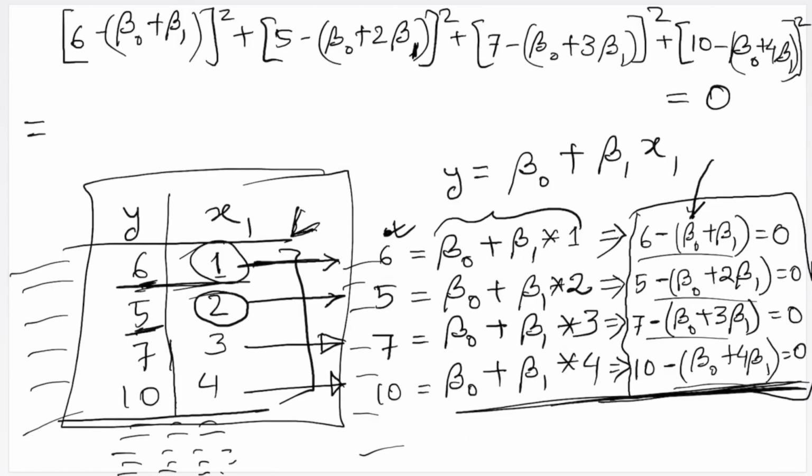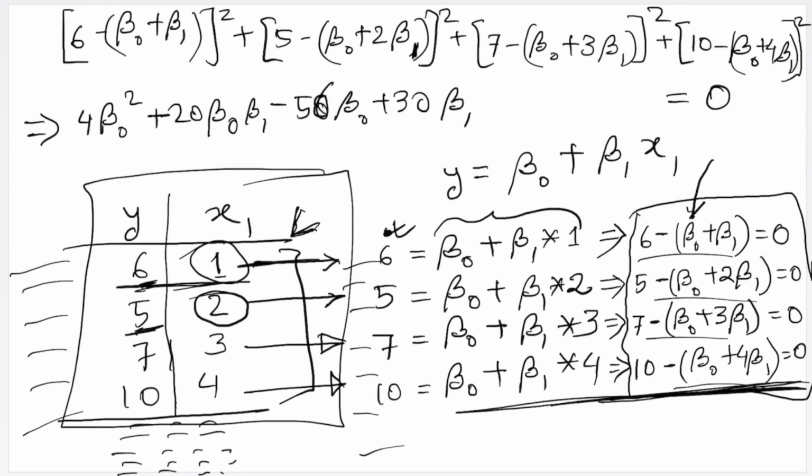Now if you do a summation, if you expand this one, you will get 4 beta naught square plus 20 beta naught beta 1 minus 56 beta naught plus 30 beta 1 square minus 154 beta 1 plus 210 equals 0.